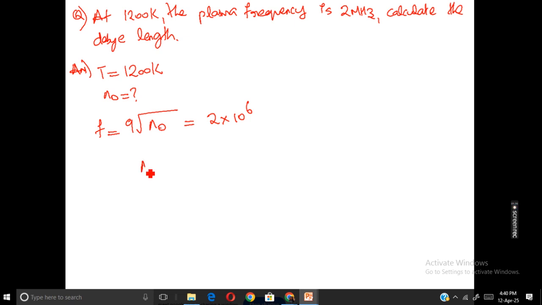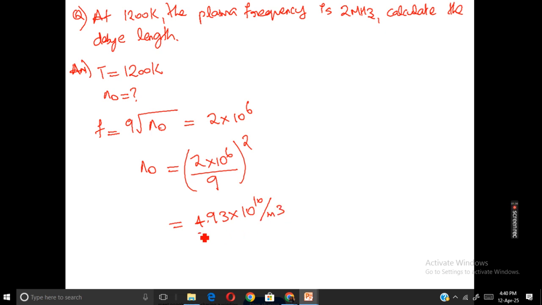So n0 will be 2 into 10 raised to 6 by 9 the whole square, which will be 4.93 into 10 raised to 10 per meter cube.